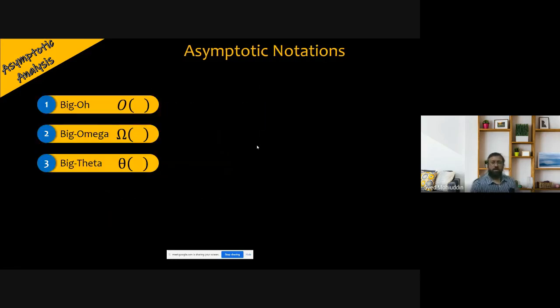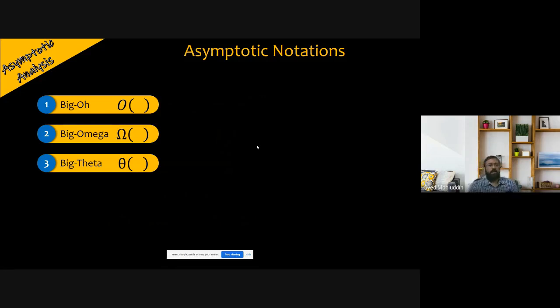Let us come to the actual asymptotic notations. For an algorithm, in terms of performance, we have best case analysis, worst case analysis, and the third one is the average case analysis, or lower bound, upper bound, and tight bound.